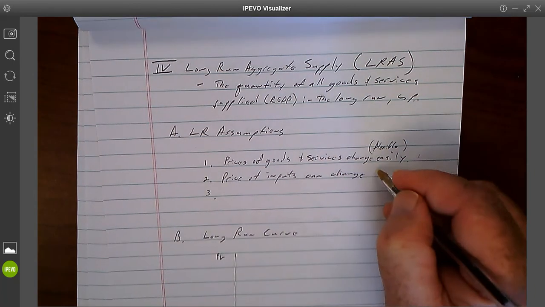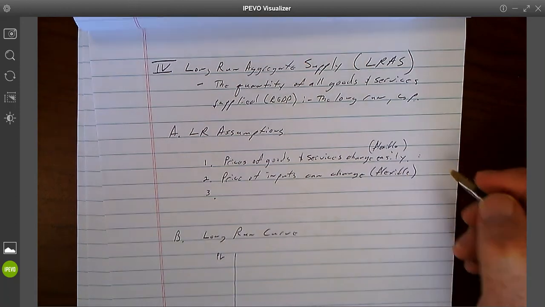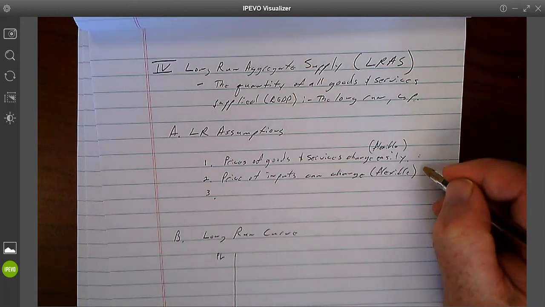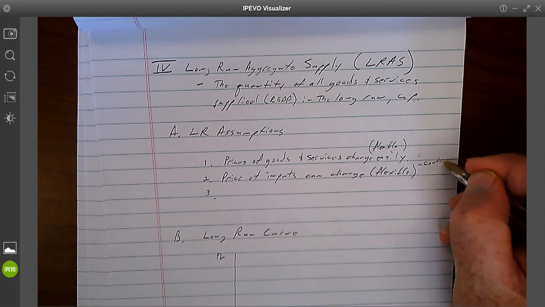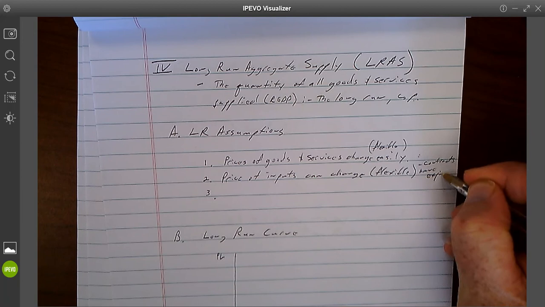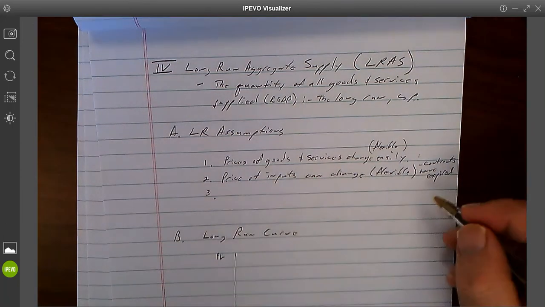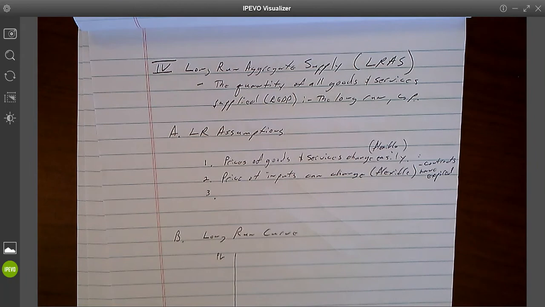They're flexible. They're not fixed by contract anymore. You can think of it as contracts have expired.